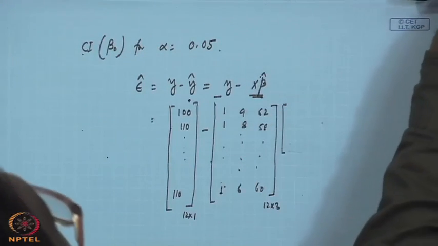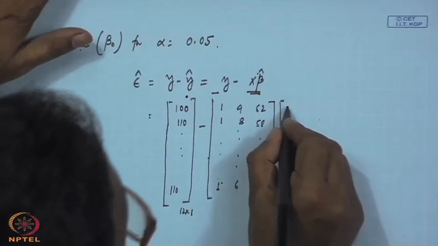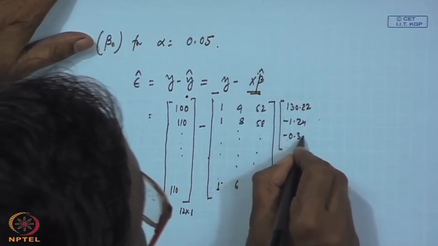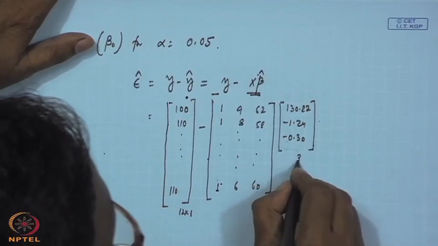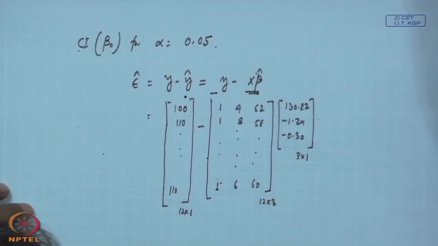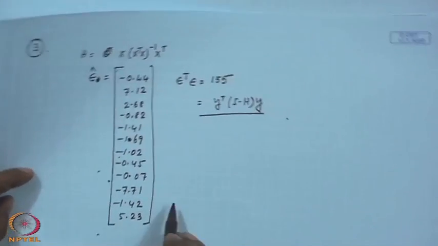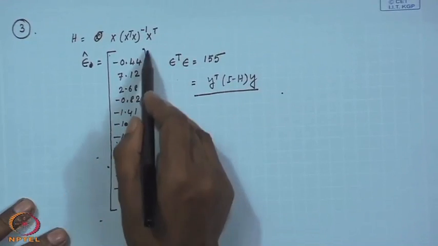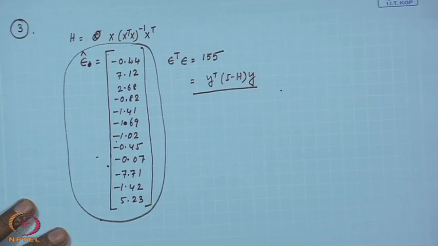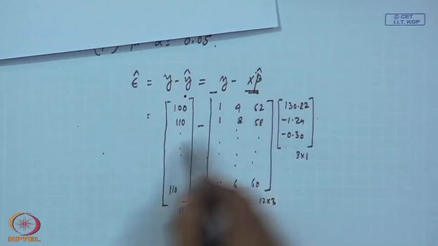Beta cap values we found out, estimated values: 130.22, minus 1.24, minus 0.330. So, this is 3 cross 1. The resultant value will be like this, that is 12 cross 1. All those things you compute and the difference will come like this.